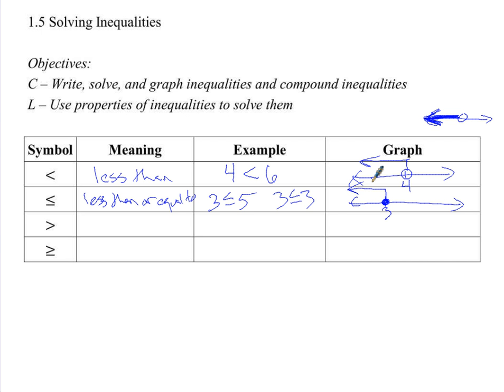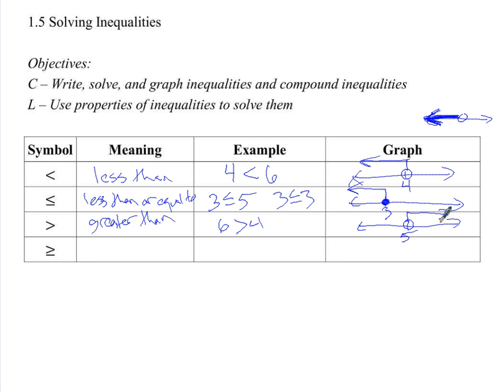All right, what's the next symbol? Yes, more than, but we usually say greater than. For example, 6 is greater than 4. True? Okay. And let me put a number line down here. I'll put a number in the middle. We'll call it 5. And I want greater than. So that means I need what? Open dot.